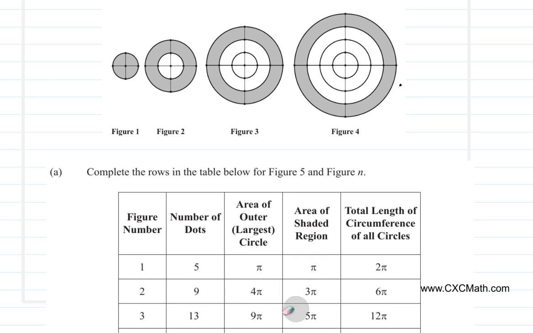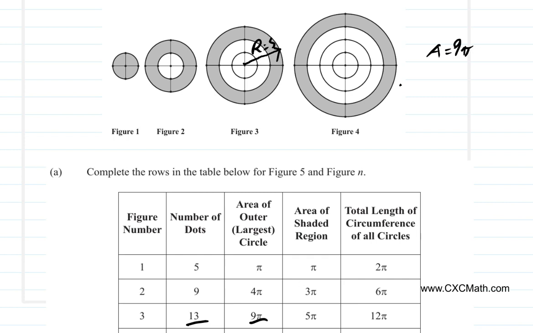Then you have figure 3. How did they get these? We saw the number of dots already. Total area: the radius is 1, 2, 3, so radius is equal to 3. Total area is pi r squared, pi times 3 squared, which is 9 pi.